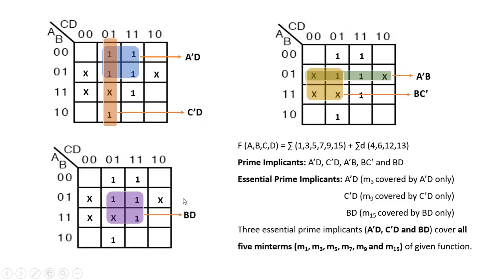Similarly, this minterm 15 can be covered by this prime implicant B D only. So this is also an essential prime implicant.